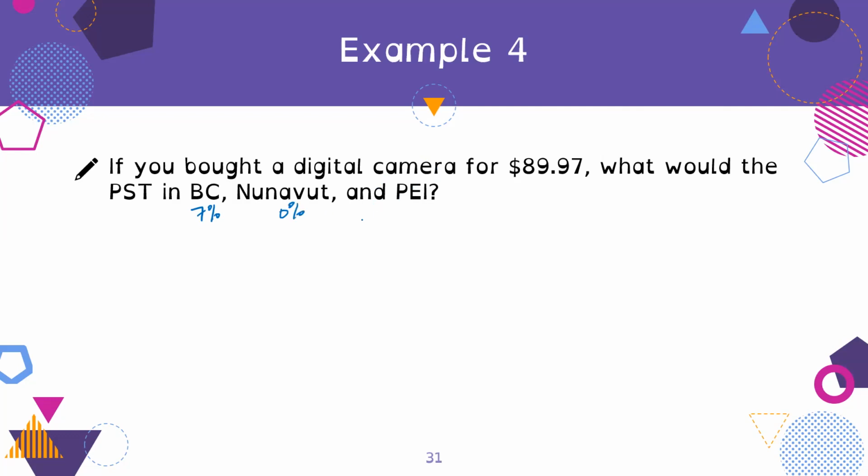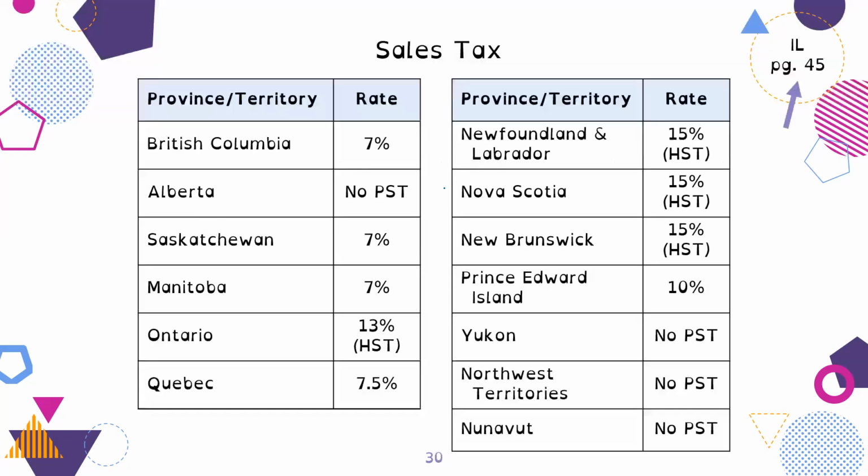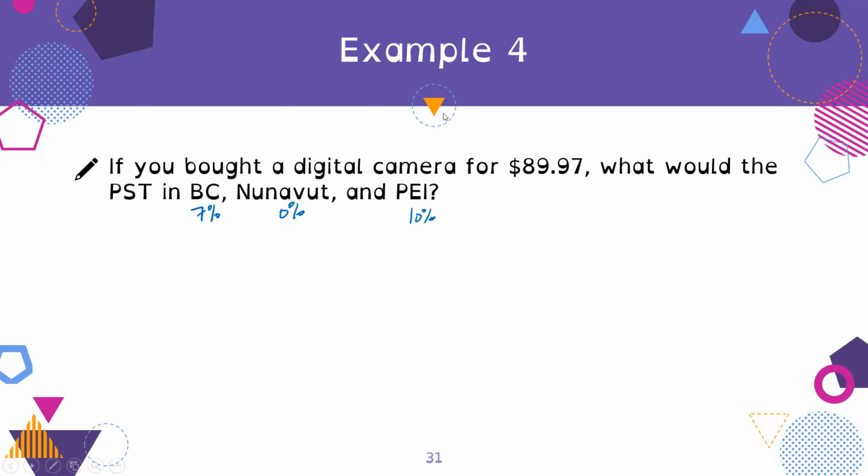There's no PST, and PEI, I believe, was 10%. Yes. So to figure this out, in BC, we're going to take our price, $89.97, and we're going to times it by 7%, which, remember, 7% is 0.07. We have to use the decimal when we are multiplying.